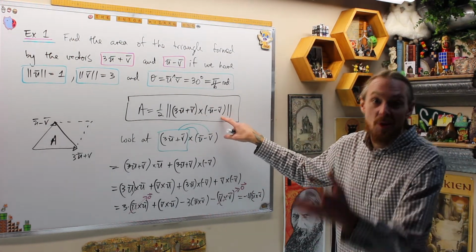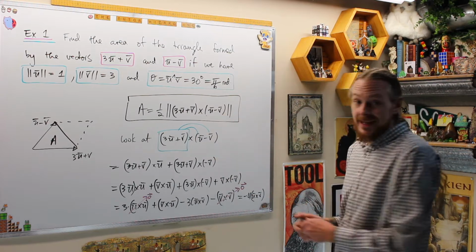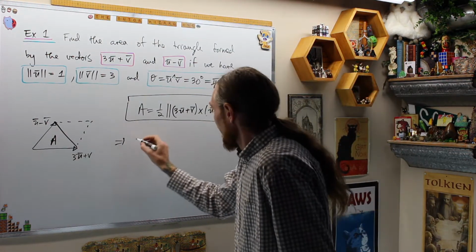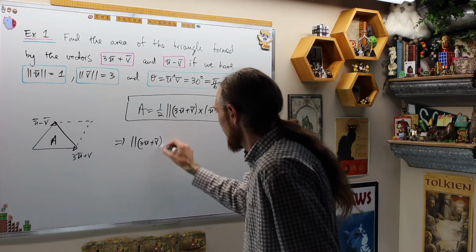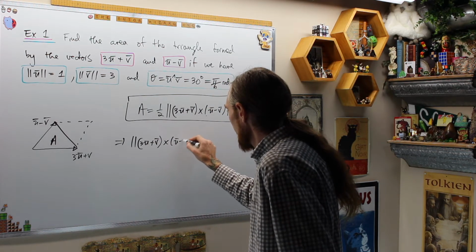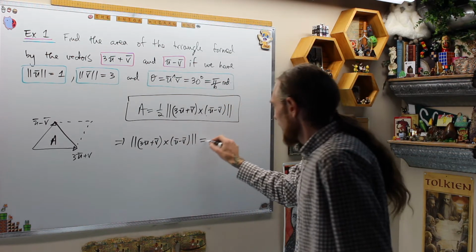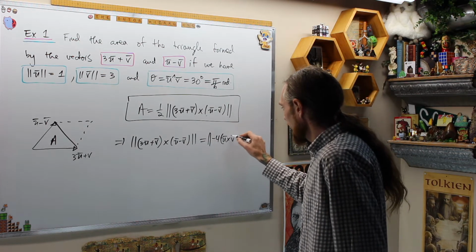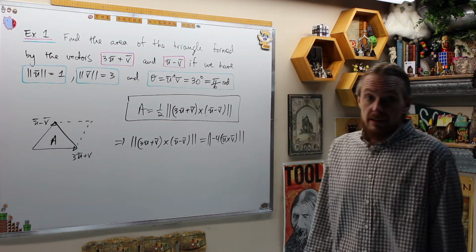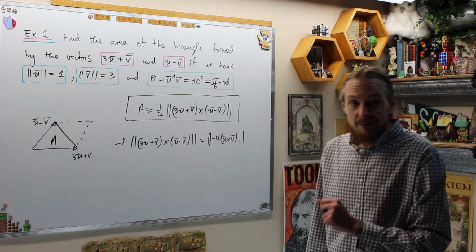So now let's compute the norm of it. Therefore, what do we get? This tells me that the norm of 3U plus V cross U minus V is equal to the norm of negative 4U cross V, which is now I'm using a property of magnitude.